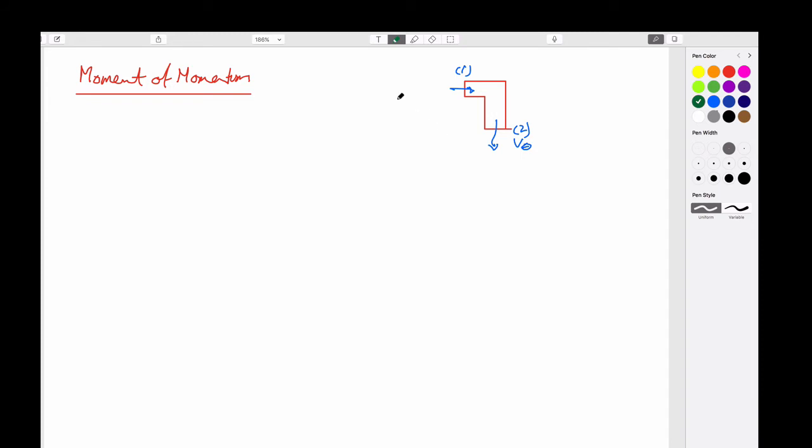So let's make this into an arc that is rotating around here, and that we allow this to rotate. This is some arc that we apply.